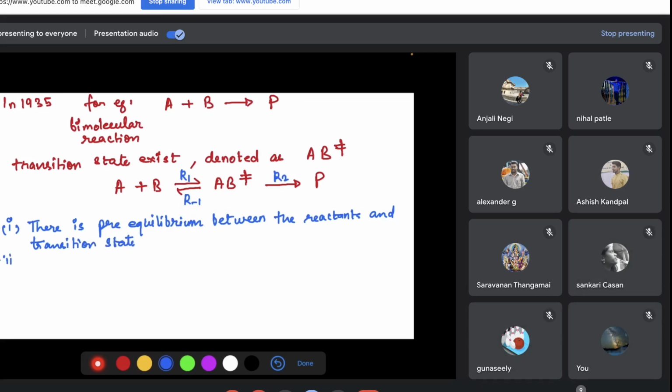Number two, to actually apply the equilibrium approximation, it can only hold true if K2 is very slow.